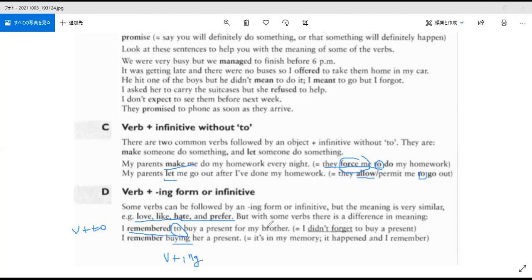I remember to buy a present for my brother. I remember buying her a present. Why is it her if it's like this? This is nonsense. It should be, I remember buying my brother a present, so it's not going to be confusing everyone.